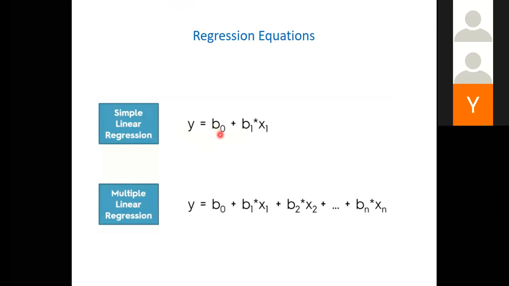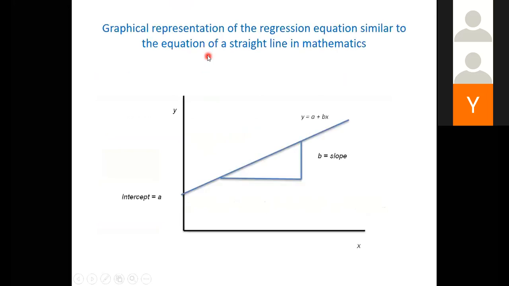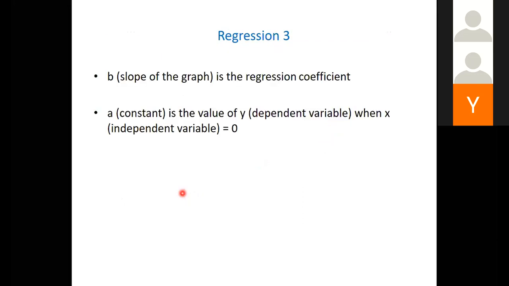B0 is the intercept where the graph crosses the y-axis, the constant. That's the B0. In the equation, they usually write B0 instead of A, because beta is also a form of regression coefficient, but for 0 they call it B0.